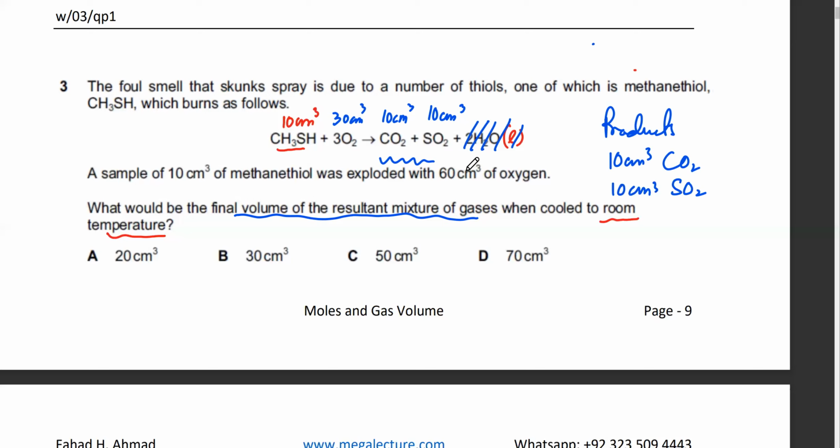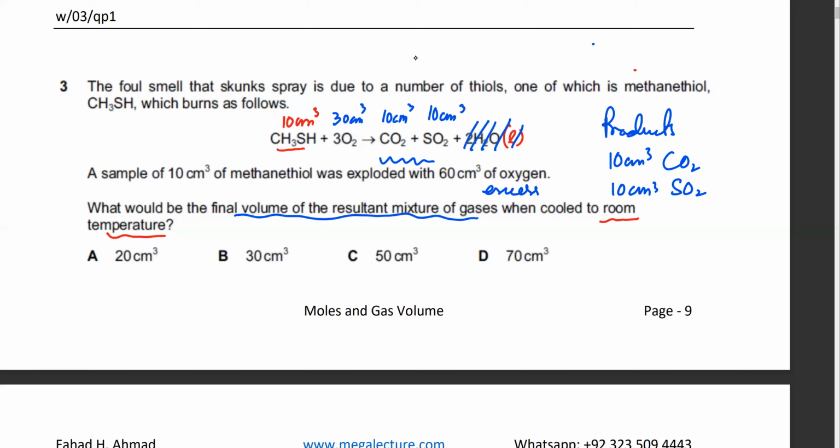But remember, he said that he was reacting it with 60 cm cube of oxygen. But over here in the equation, only 30 are actually taking part in the reaction, because methane thiol needs only 30. It's 1:3, so it only needs 30. So that means your oxygen was in excess. You added too much of it. So how much oxygen would be left at the end of the reaction? 30 cm3, because out of the 60, only 30 are actually taking part in the reaction.